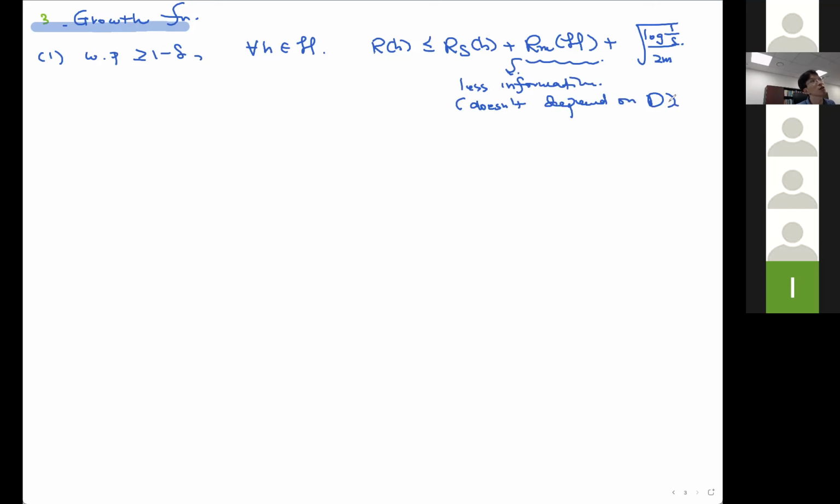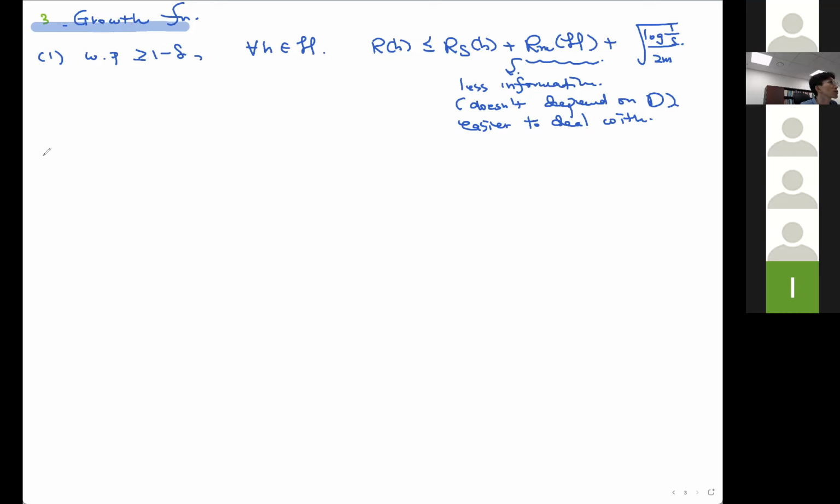We are losing something, but what we're gaining is something easier to deal with. The growth function is one example, which has more information than what we call the VC dimension. And the VC dimension loses more information, but it becomes much easier to deal with.